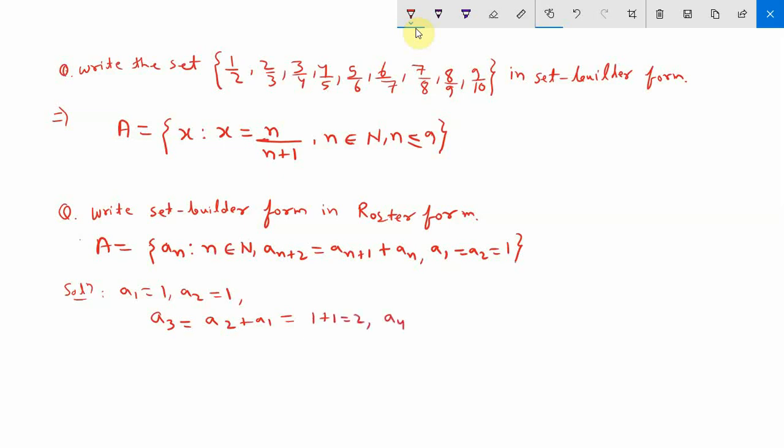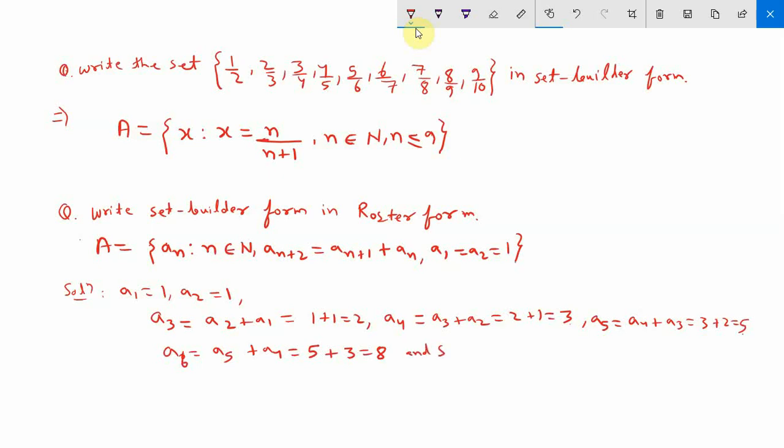Similarly, a4 can be written as a3 plus a2, so 2 plus 1 equal to 3. a5 equals a4 plus a3, so 3 plus 2 equal to 5. And we can write a6 equal to a5 plus a4, and a5 we have 5, a4 is 3, so this is 8. And so on we can write.